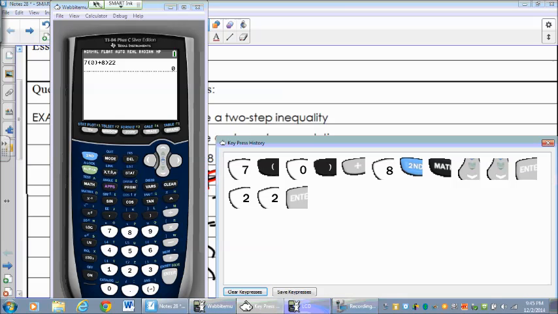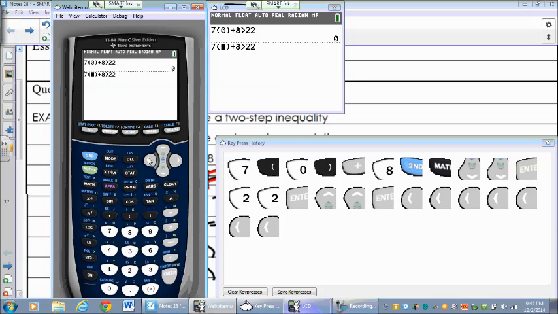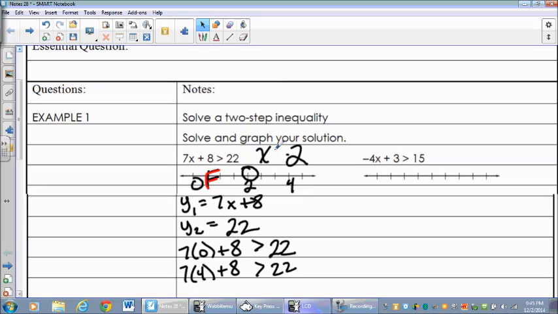So if I go back into my picture, I'm going to pull that back down and go over to the 0. I'm going to put a 4 in that place and push enter. And here I got a 1, which means the 4 is a true answer.